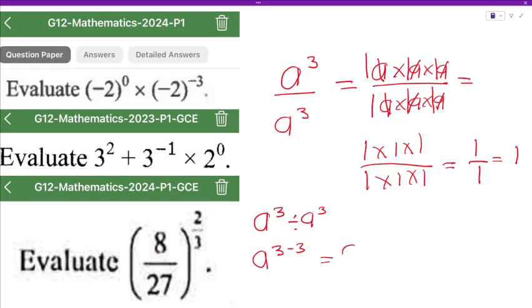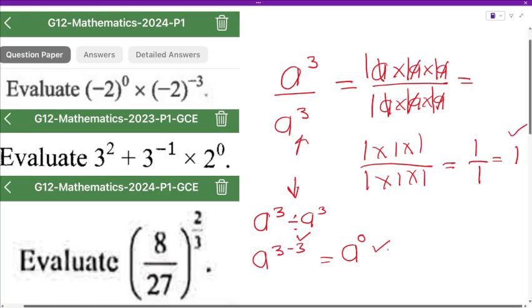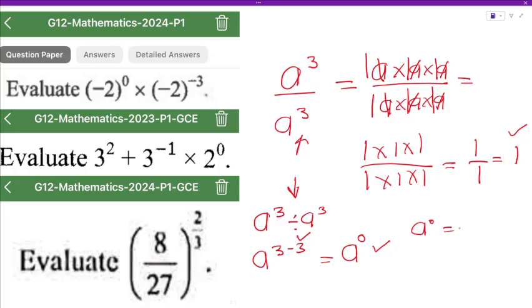That will give us a to the power 3 minus 3, it gives us a 0. Now if you look at these two questions, this one here is the same as this one here. They both mean a to the power 3 divided by a to the power 3. But this one up here gave us a 1, while this one here has given us a 0 as a power, a to the power 0. That is why we say a to the power 0 is equal to 1.